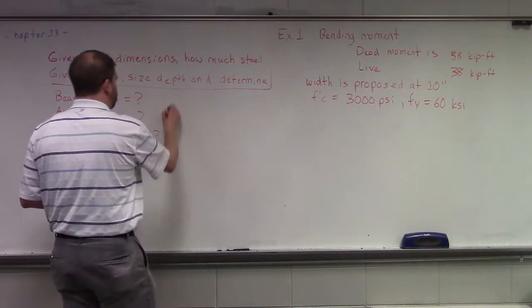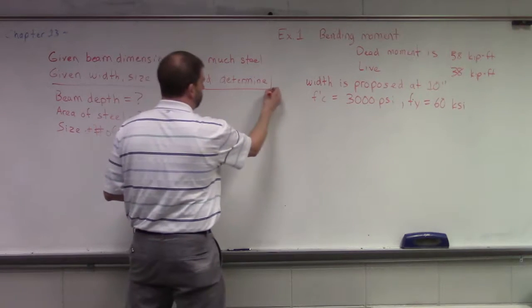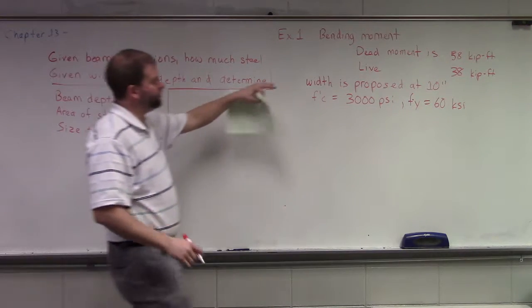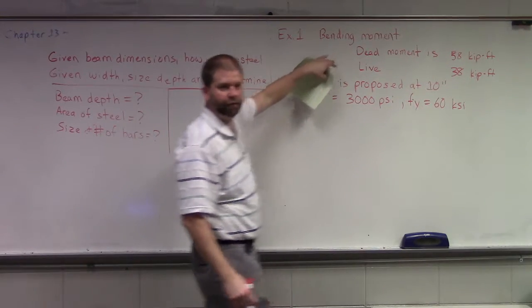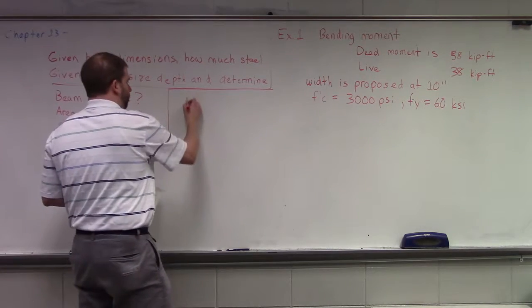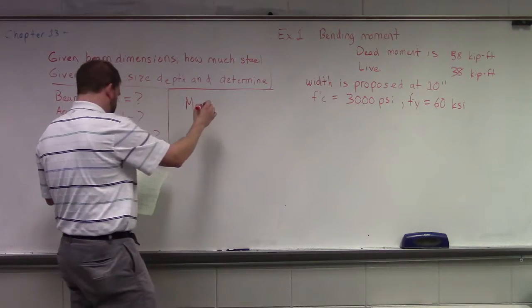If we think back, way back to chapter 1, we talked about loading conditions, right? When we have these numbers, to design safely, we want to make sure that the combination of these two factors isn't going to exceed our capacity. So we need to determine our ultimate moment.